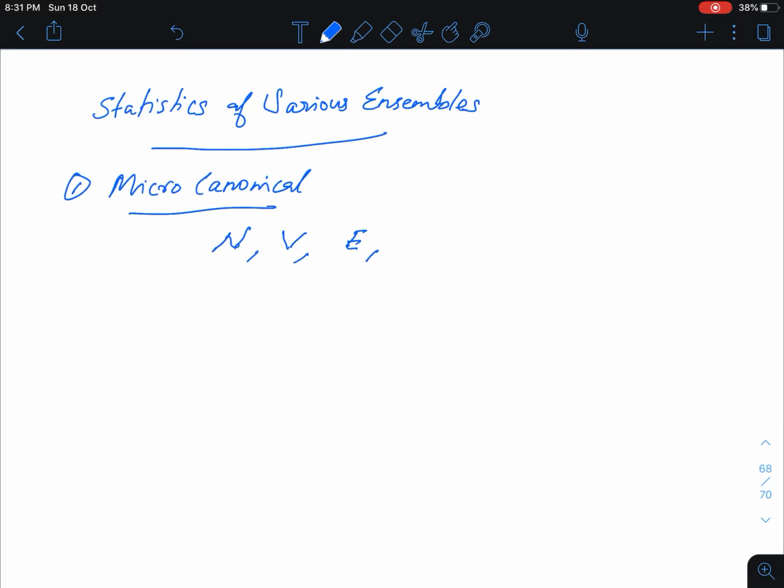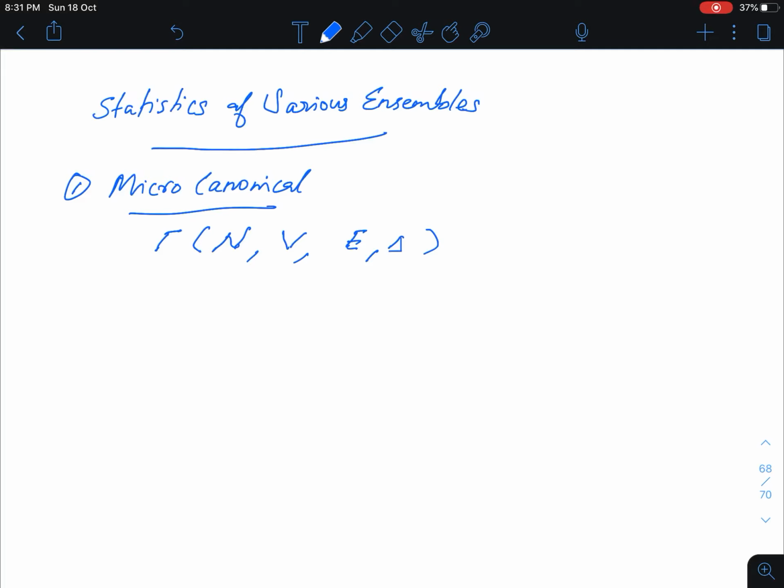So it would be the number of microstates accessible to the system, usually called gamma or omega or whatever you want. So it's a function of N, V, E and delta.